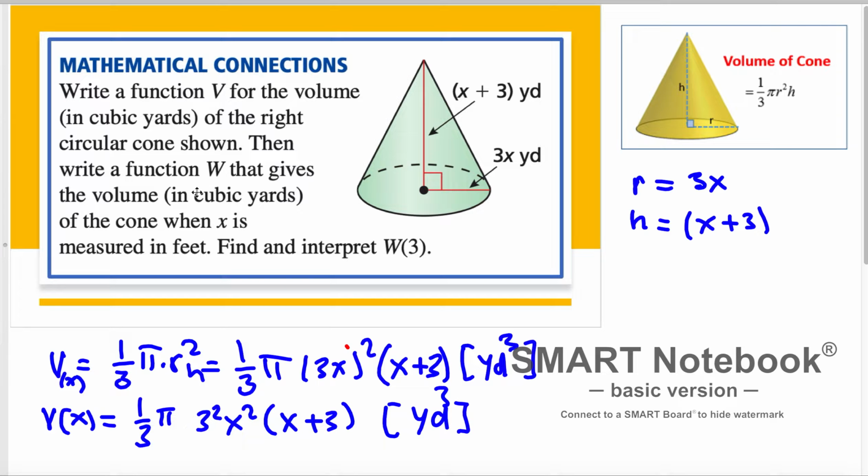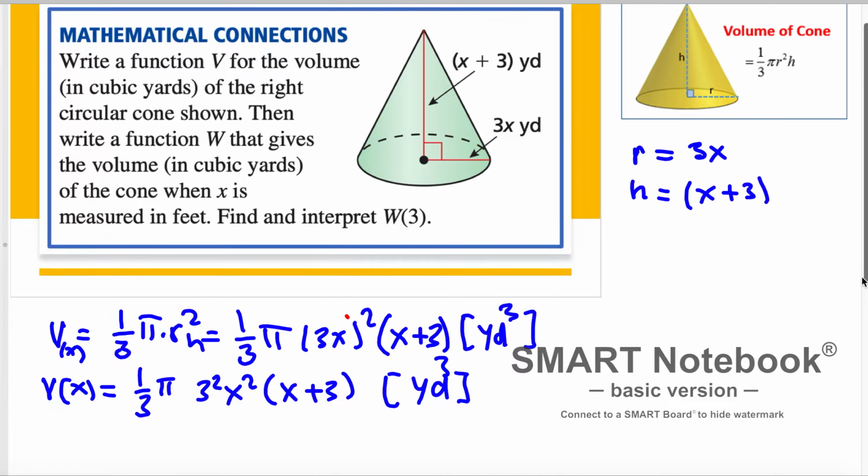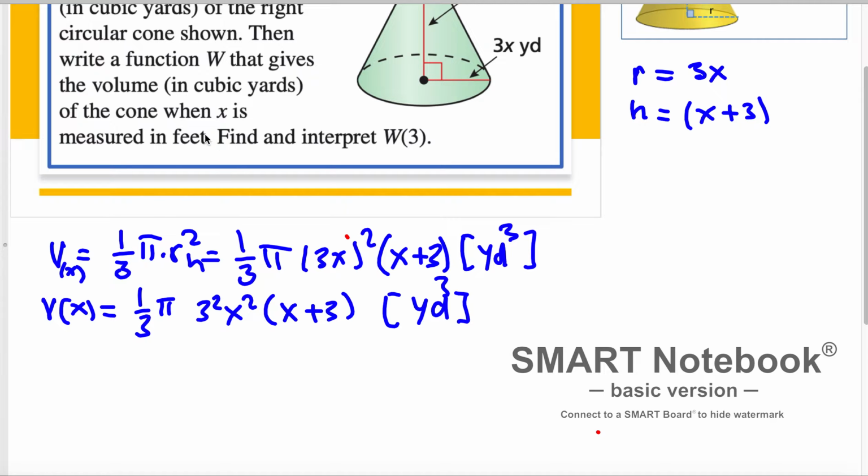But here it says, then write a function w that gives the volume in cubic yards when x is measured in feet. So instead of cubic yards, we are writing in feet. So w of x, we're writing this function now.